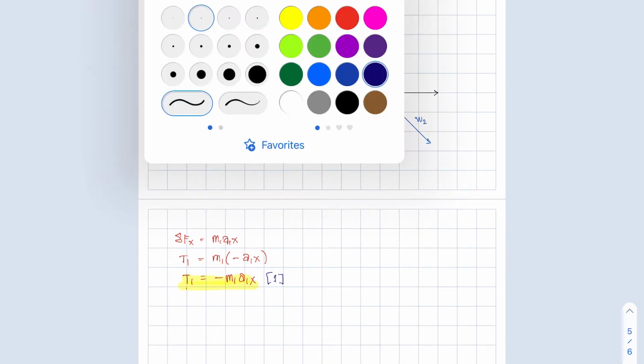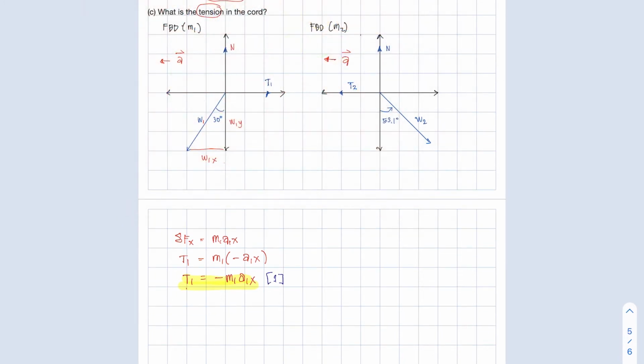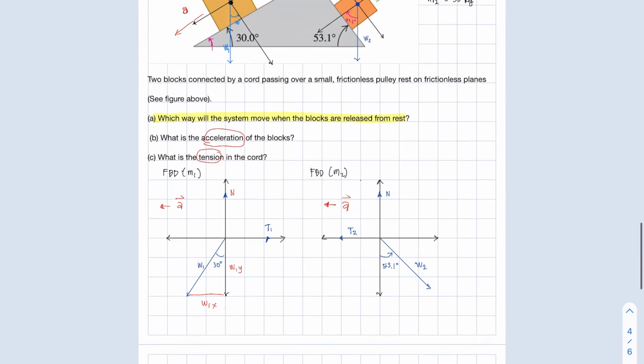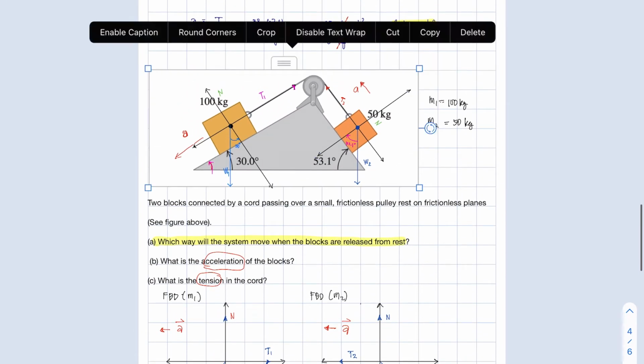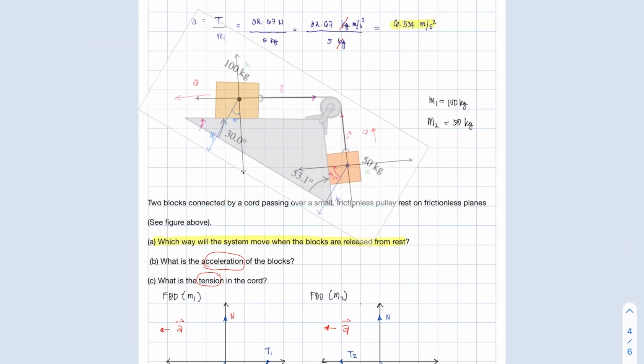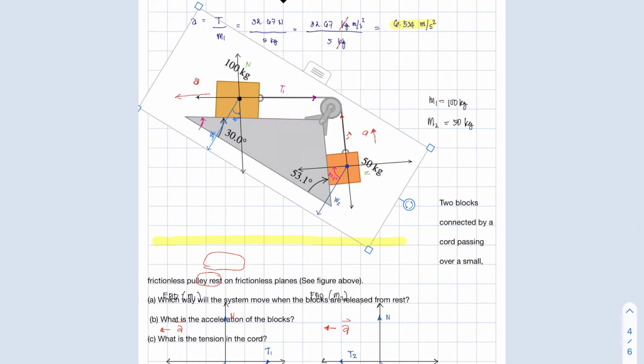Now let's deal with the sum of forces still on mass 1 but in the y direction. The sum of the forces in y is equal to mass 1 times acceleration 1 along y. If you look into that, I'm hoping you realize that there is no acceleration along y, that is just 0. Because if I rotate it in this manner, and take note that is how we represented our problem, the acceleration is towards x. It is really along x, the coordinate axis.